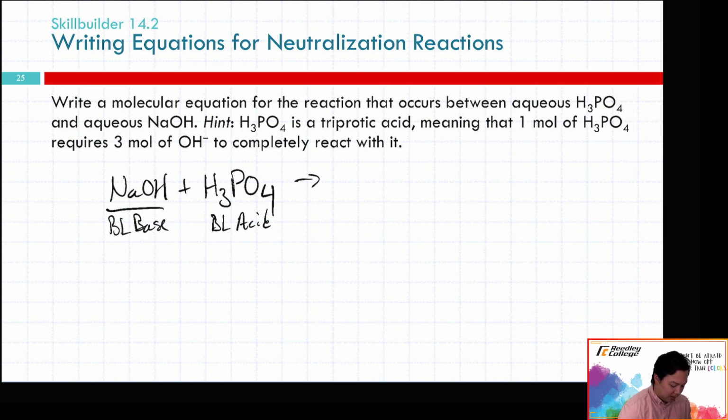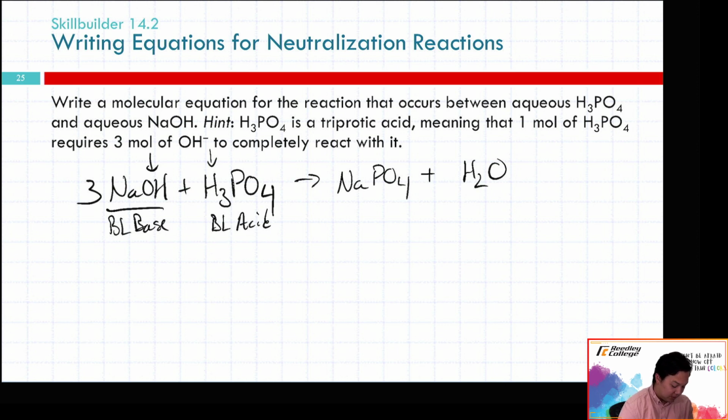And so what we're going to end up with is Na3PO4 plus H2O. But we're going to need 3 NaOHs, one for each of these 3 protons. So we need 3 of these hydroxides for all 3 of these protons.